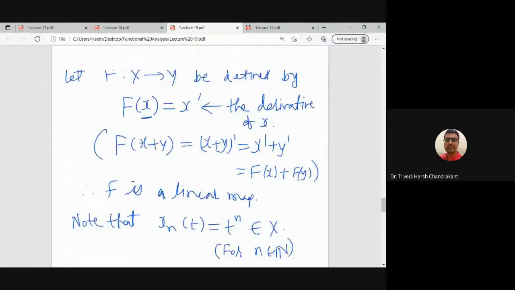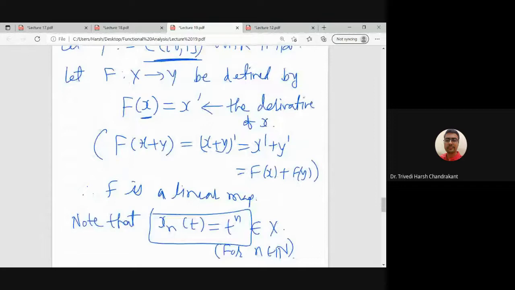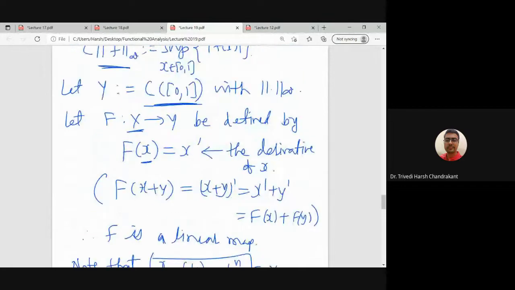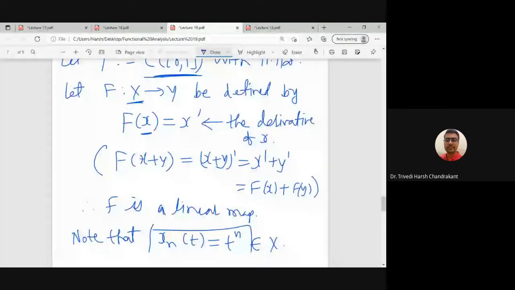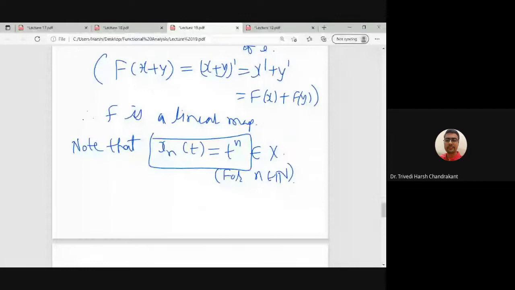So now we have a sequence of functions which belongs to X, where X is C1[0,1], and what is the supremum now of x_n?